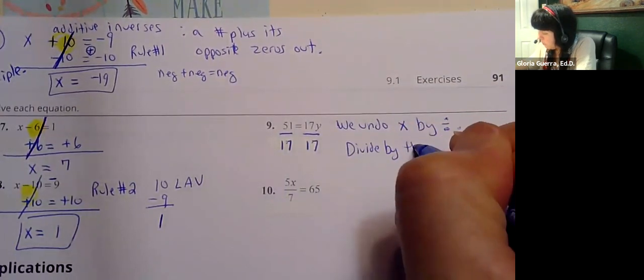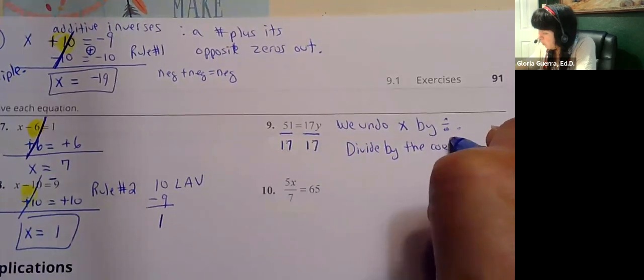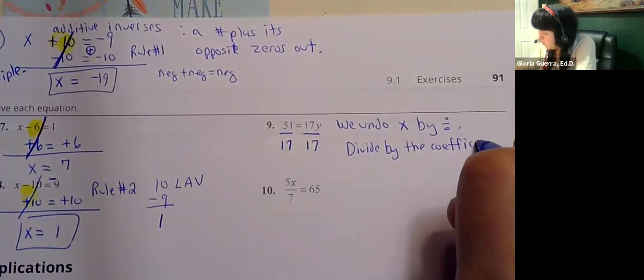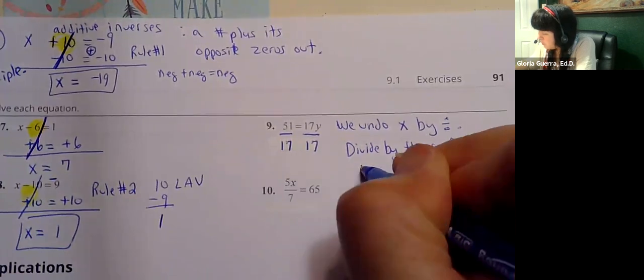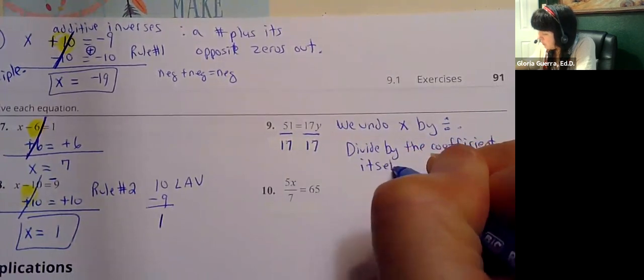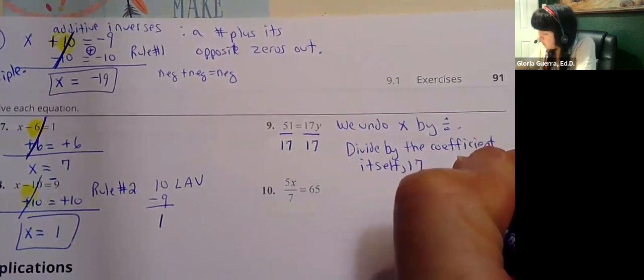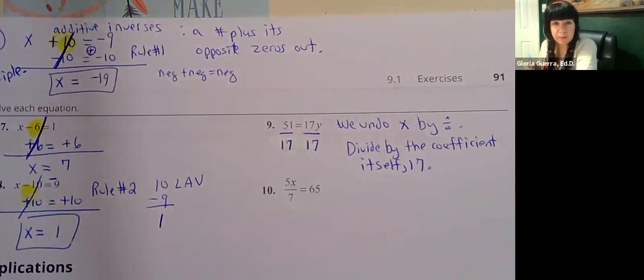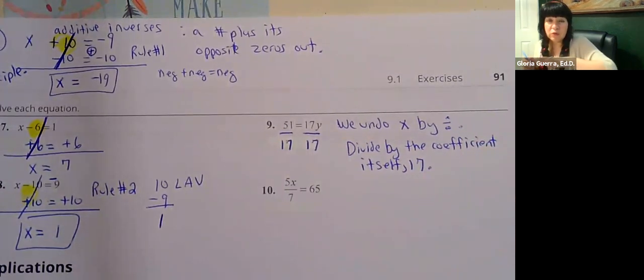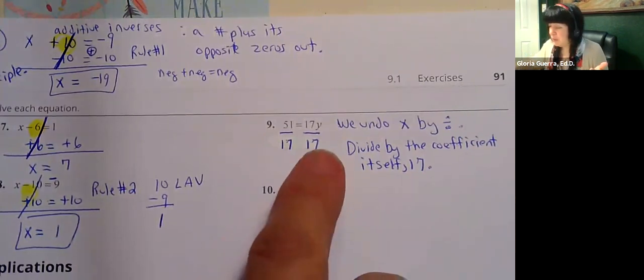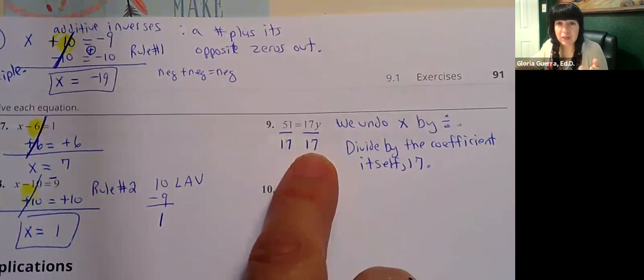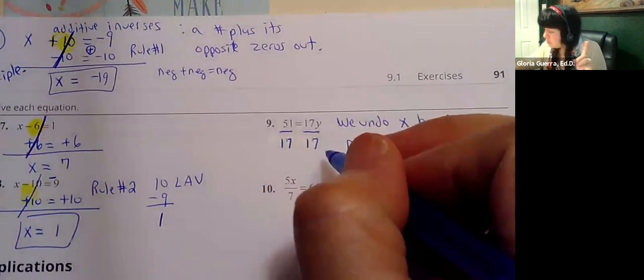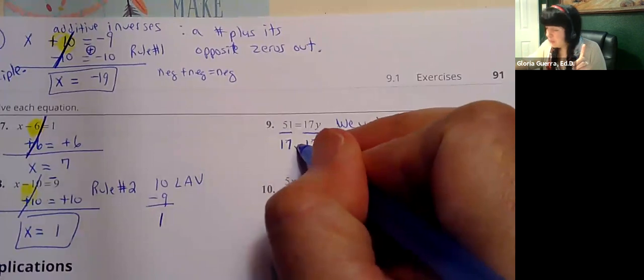by the coefficient itself, which is 17. Okay. And notice how I didn't say divide by the opposite. Notice how I didn't divide by negative 17. And don't do this. That's wrong.